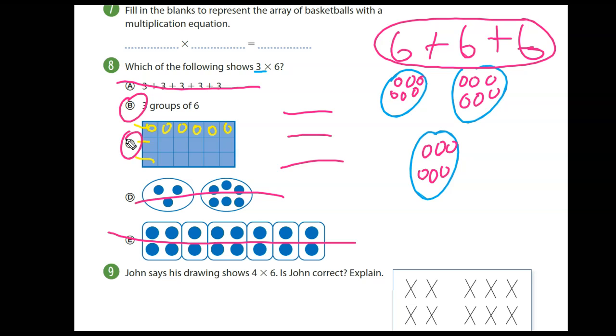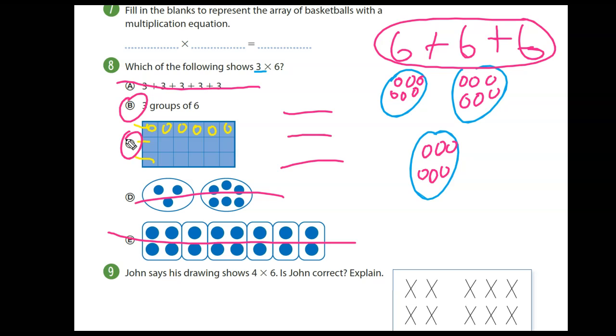Jack, nice and loud. Because it's supposed to be reversed, 6 times the 4. Does he have 4 groups, by the way? No, he doesn't.